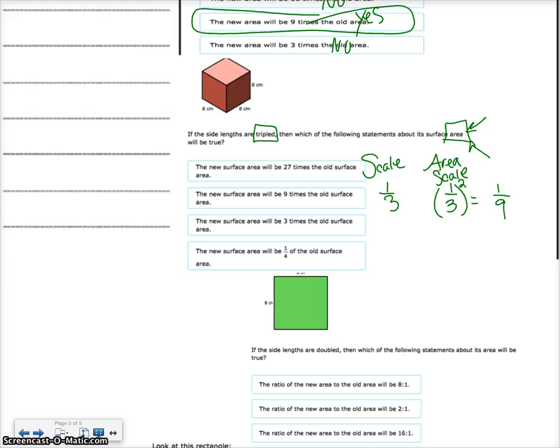The new surface area is 20 times the old. Nope. The new surface area is 9 times the old. Yes. And then I just double check. The new surface area is 3 times. Nope. The new surface area is 1/4. No. So that second choice is the right option.